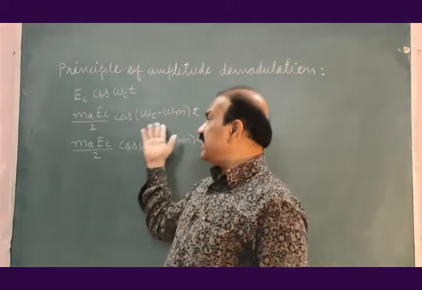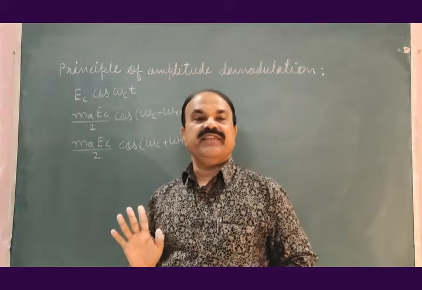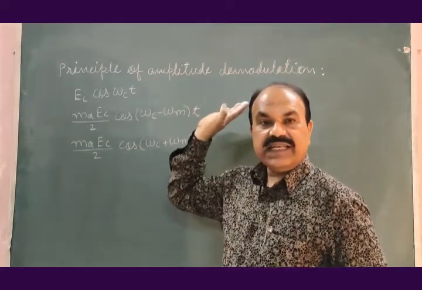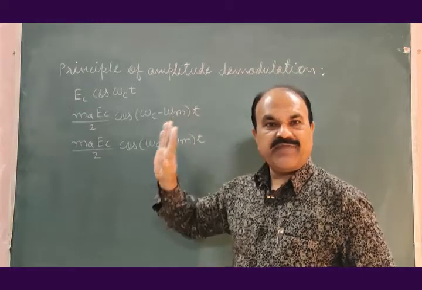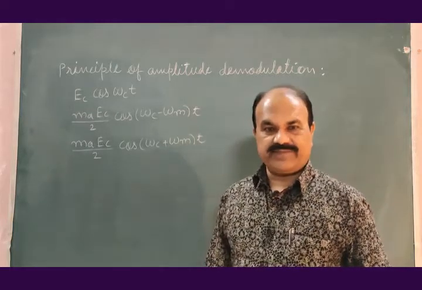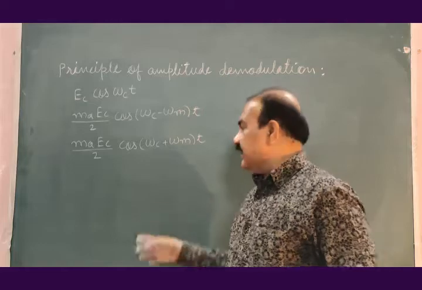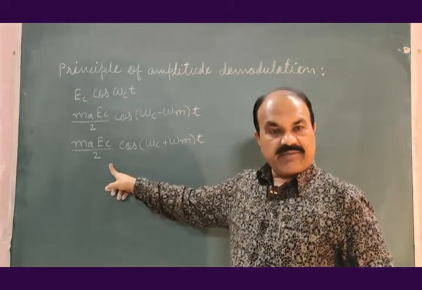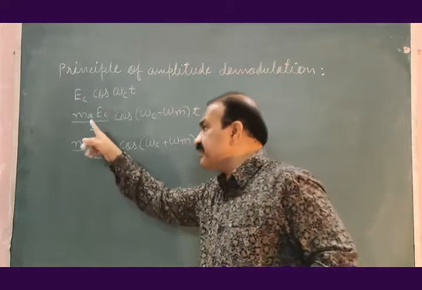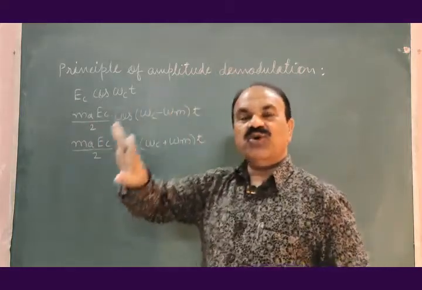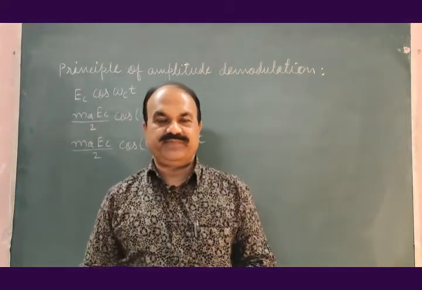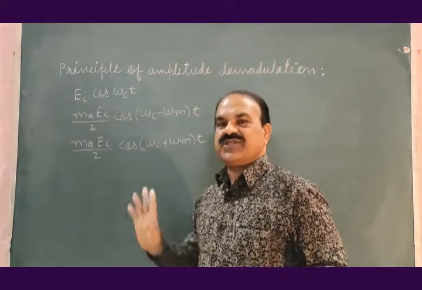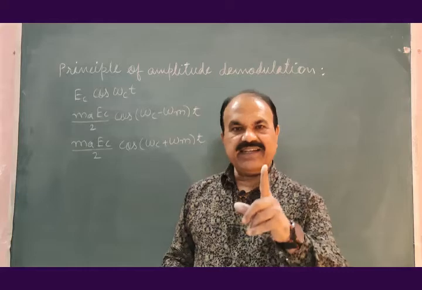Either you get the lower sideband frequency term and delete the upper sideband frequency term, one way. Other way, preserve the upper sideband frequency term and delete the lower sideband frequency term. If we go for either of these two terms, we will get the information.